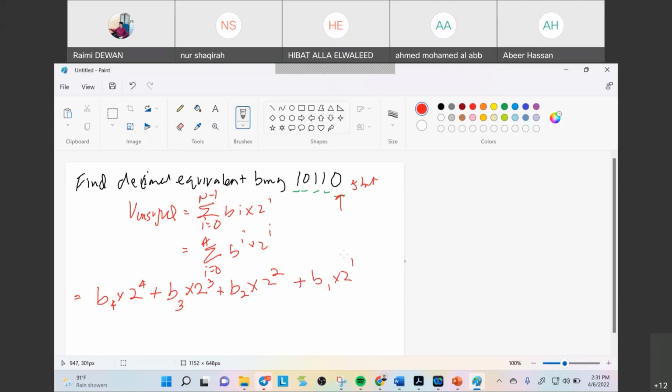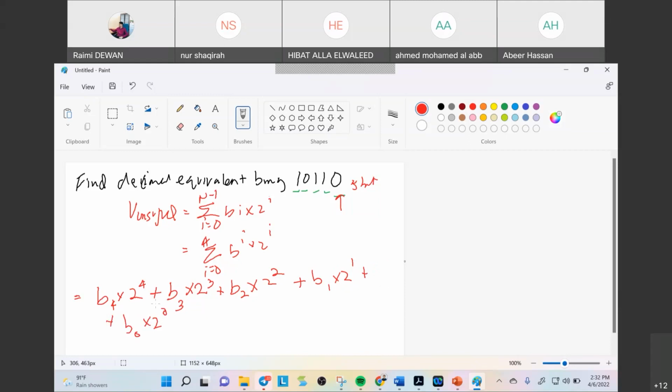The next one is B0, plus B0 times 2 to the power of 0.